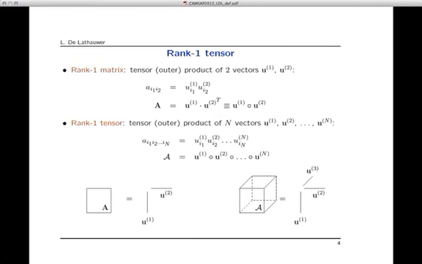And what does that mean? Well, nothing else but the following. At position i, j, k, you will have the product of the 3 corresponding entries of these 3 vectors. So very simple. Same thing as in the matrix case, where you have a rank 1 matrix, and the entry at position ij is the product of the corresponding entries. So far it's simple.